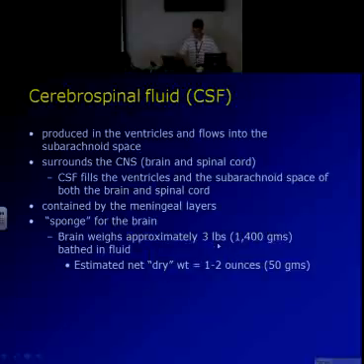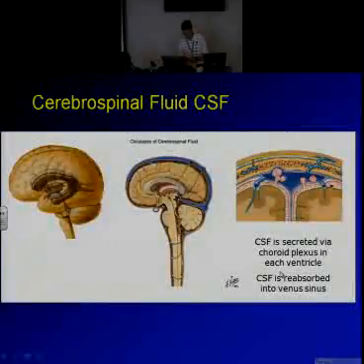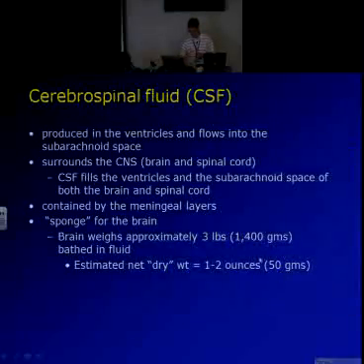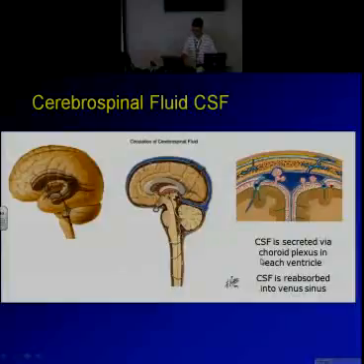Fun fact: our brains weigh 2 or 3 pounds, but if you take out all the H2O and put it on the table, there isn't too much left as far as dry weight content. But really the intent there is not these numbers, but more just the concept of that CSF bathing those CNS cells.